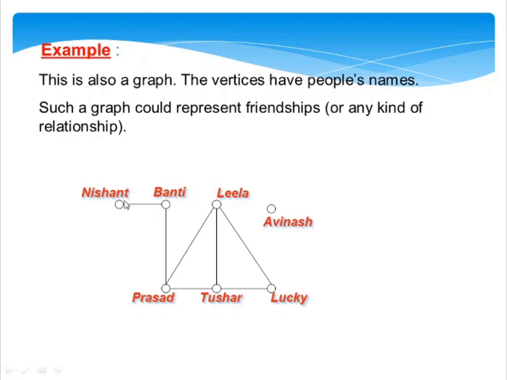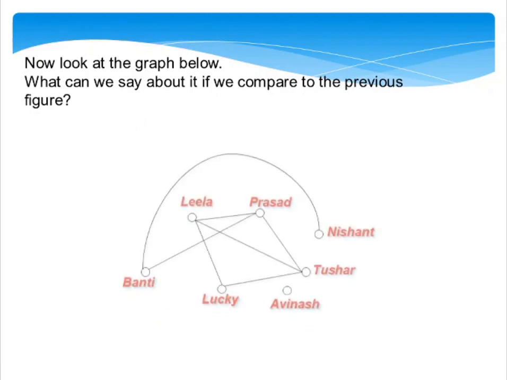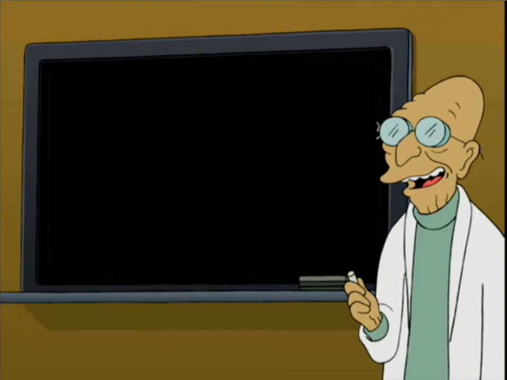We can represent such kinds of graphs for this. So this is your graph. Fine. Now look at the following graph. What can you say about this graph, and if you compare it with the previous graph, what can you say about that? This is an exercise for you.